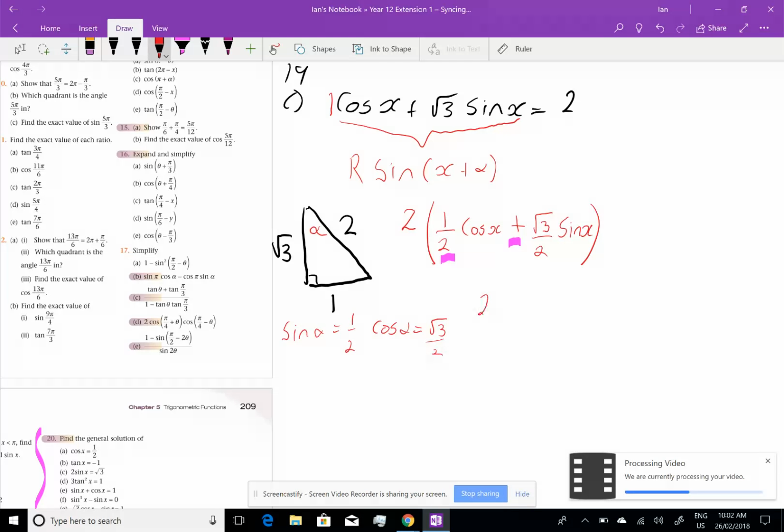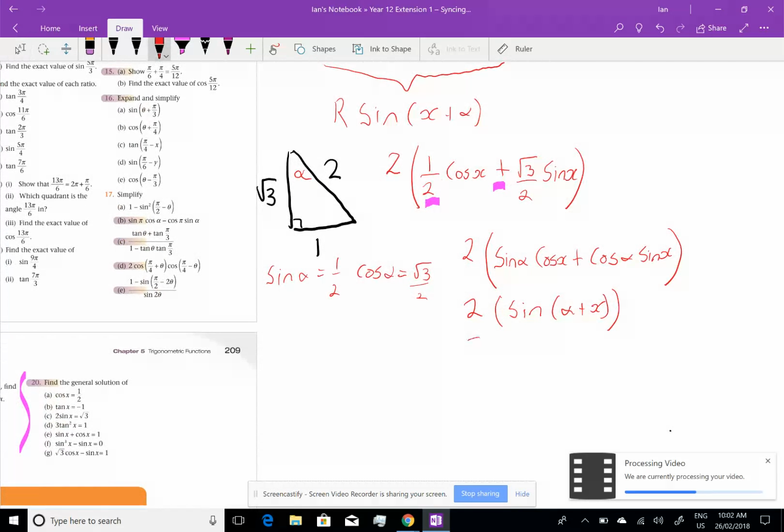So my expression becomes 2 sine alpha cos x plus cos alpha sine x. Now that can be written as 2 sine alpha plus x, but because it doesn't matter which way I add, I can write that as 2 sine x plus alpha.